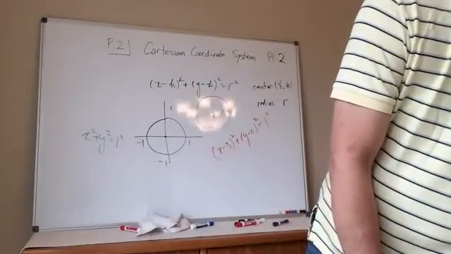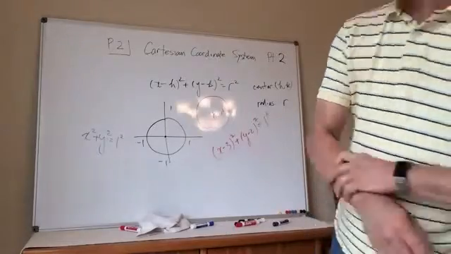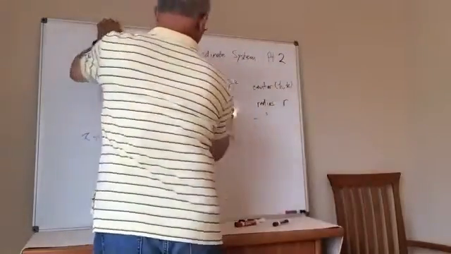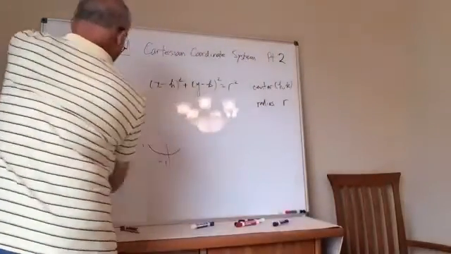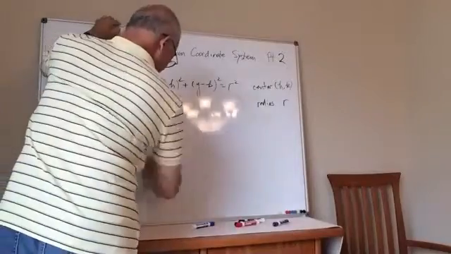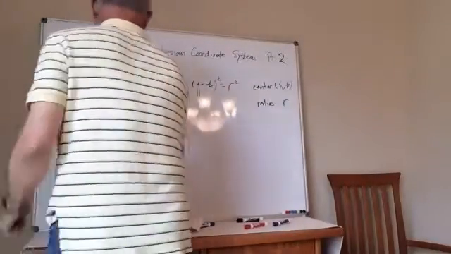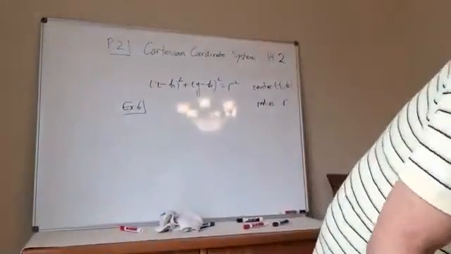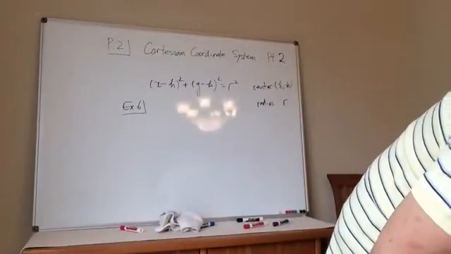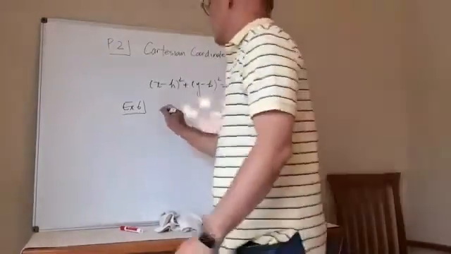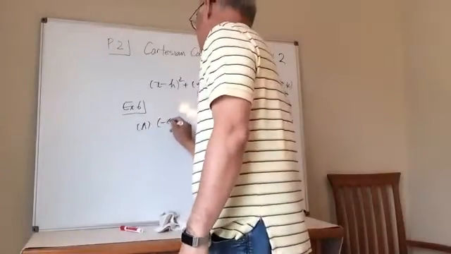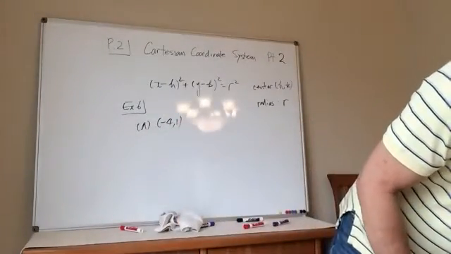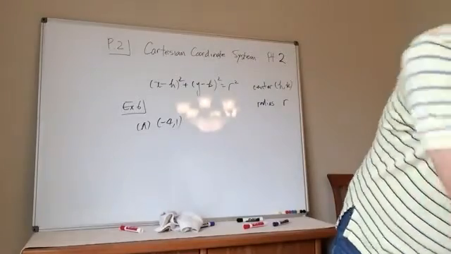Let's flip the page and do example number 6. Part A: write the standard form of the equation where the center is (-4, 1) with a radius of 8.